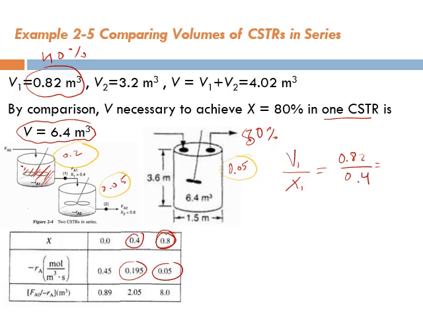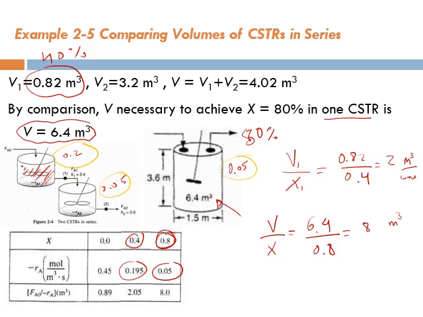So that is around 2 cubic meter per conversion. Let's look at this reactor, V over X. Here we have the volume of 6.4 and you're achieving 0.8. So the answer is 8 cubic meter per conversion.